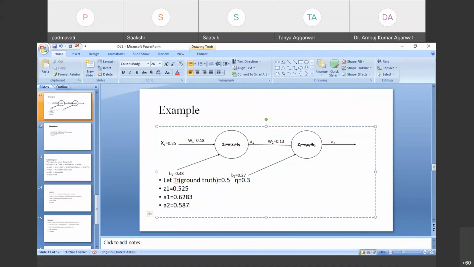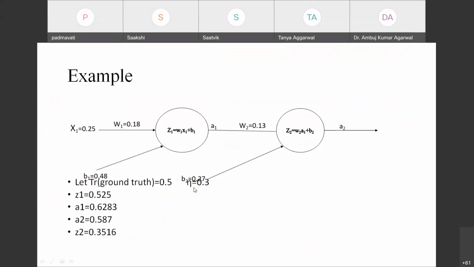Fine. Z2, I could have written Z2 first, but that's fine. These are the different values that we will obtain.